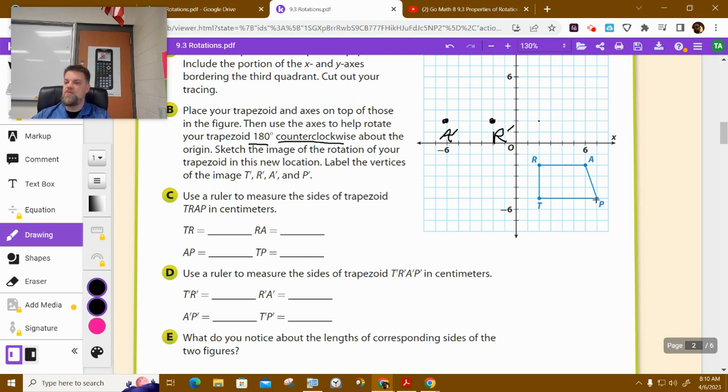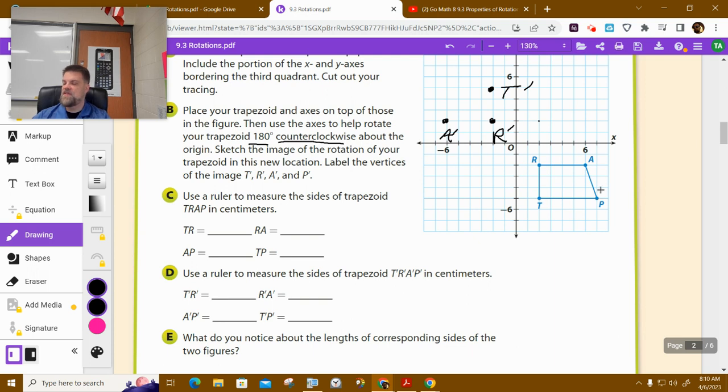So now if I do P, and she's completely right, T would be perpendicular, so T prime would be perpendicular to A prime R prime, and it would be up here, and T is at 5, so this would be T prime. Okay, and then students said, well, Mr. Adams, can't you just count how many over and away it is from the original point?